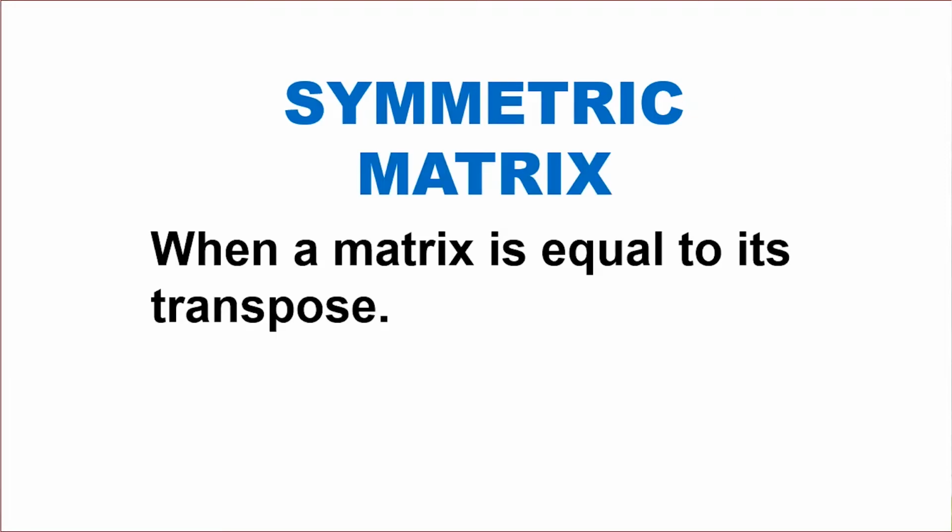Special matrices. Let us look at the different special matrices we have. The first one is the symmetric matrix. A matrix is said to be symmetric if the matrix is equal to its transpose. What do you mean by transpose?